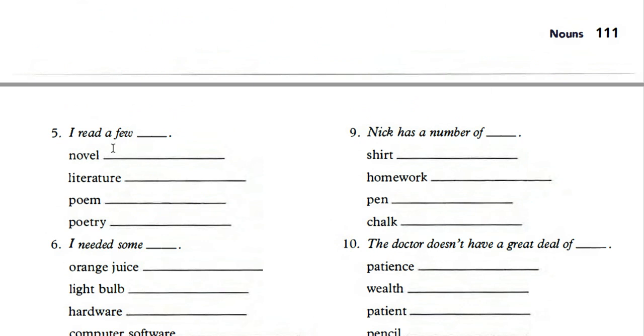I read few novels. Literature cannot be counted. Poems and poetry cannot be counted. I needed some orange juice. So orange juice here, light bulbs can be counted, light bulbs. Hardware, computer hardware cannot be counted, so it will be the same. Hardware, computer software, light bulbs and orange juice.